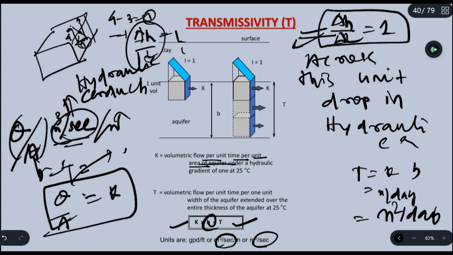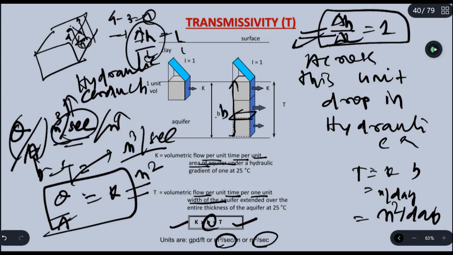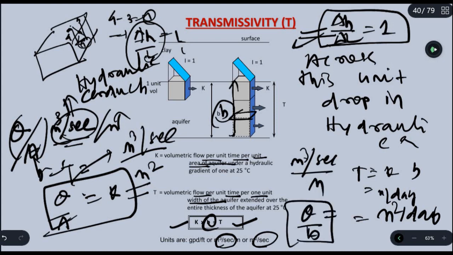The unit of Q is meter cube per second, and area is meter square. In the case of transmissivity, it is volumetric flow per unit time per unit width. If you take the cross section, this width is B, the saturated thickness, so meter cube per second per meter. So Q upon L or Q upon B is called transmissivity, and Q upon A will be the hydraulic conductivity.